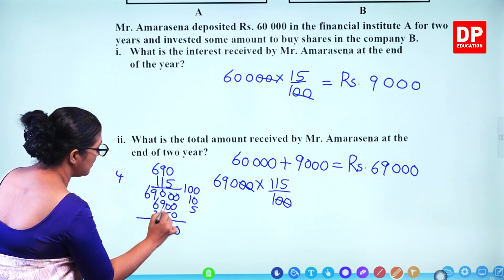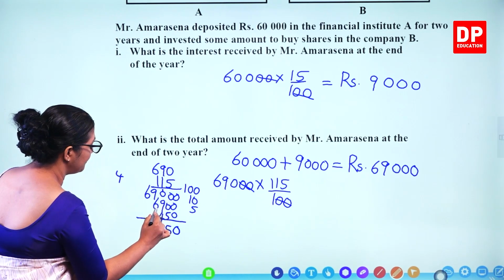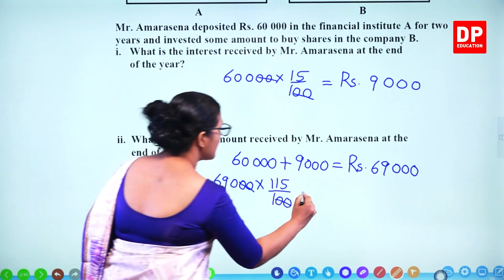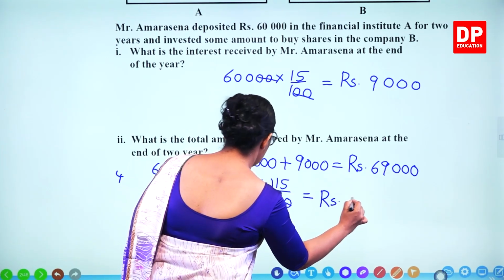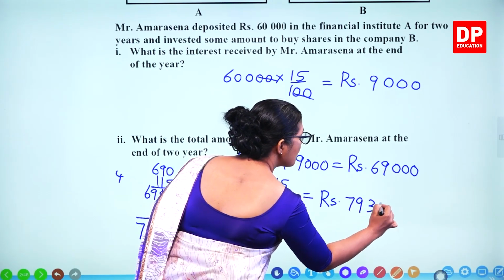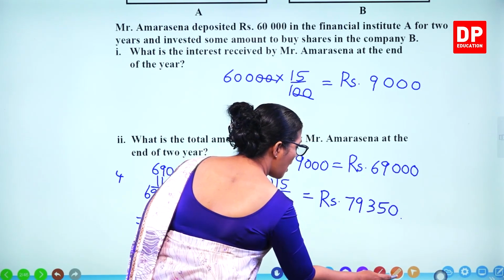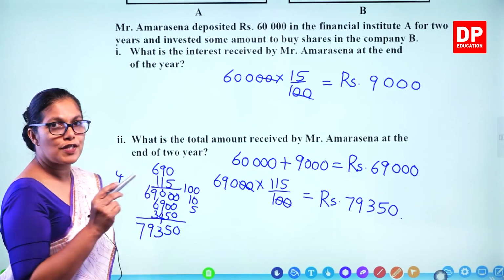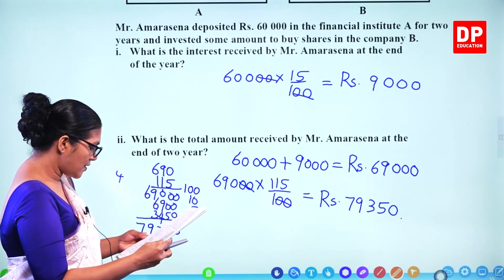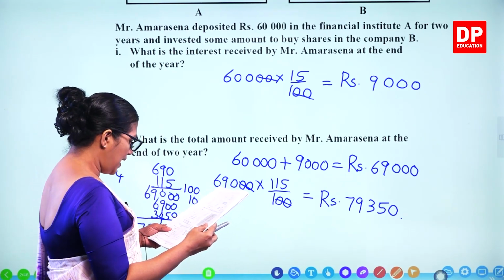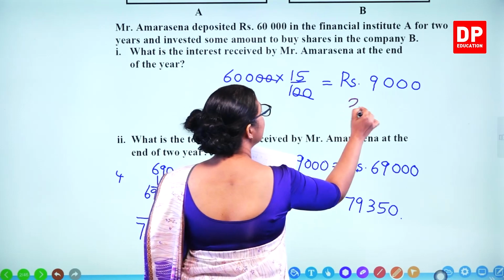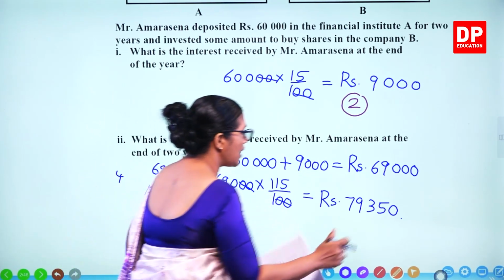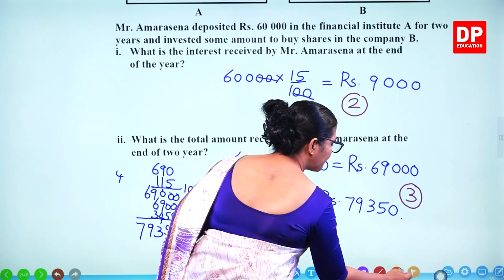So the total is 79,350 rupees. That's the amount he received after 2 years with the interest 15%. So let's give marks. 9,000 rupees, 2 marks. And 79,350, you get 3 marks.